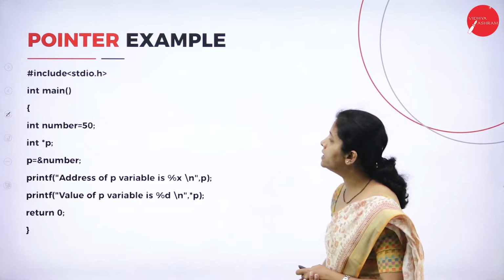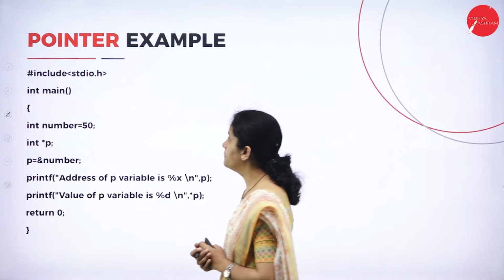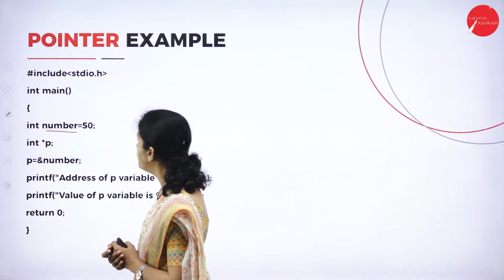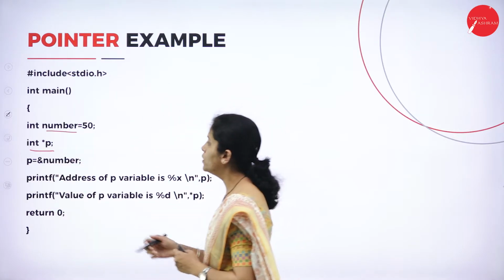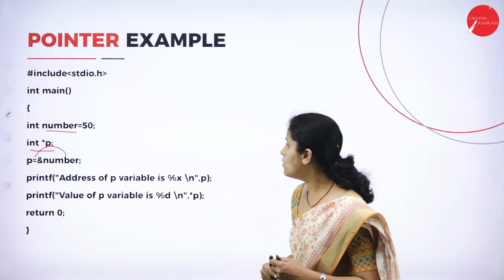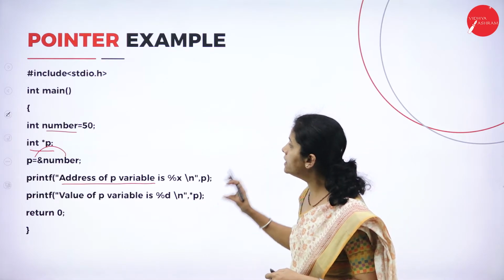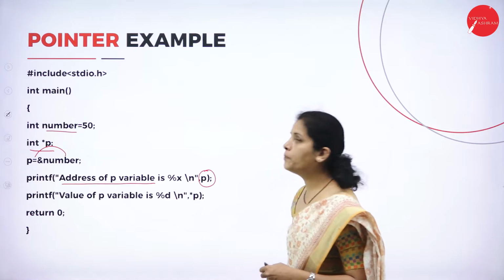Now, dear students, let me discuss a simple example here. I have number and I'm going to assign 50, and my pointer is p, and I'm going to assign the address of number to p. Now I want to get the address of the pointer.